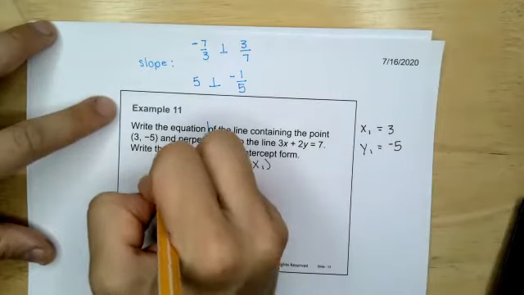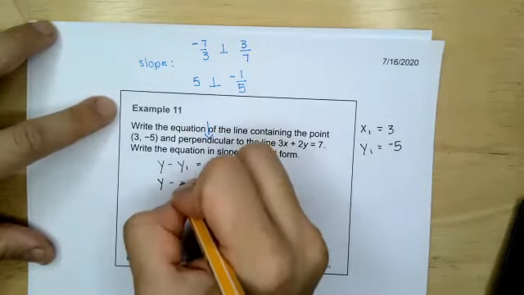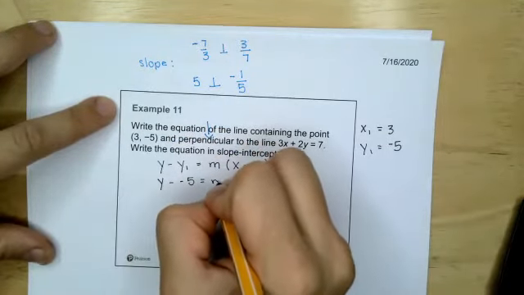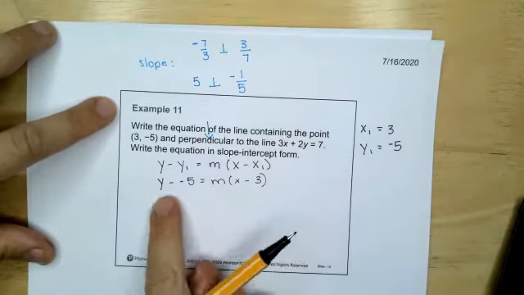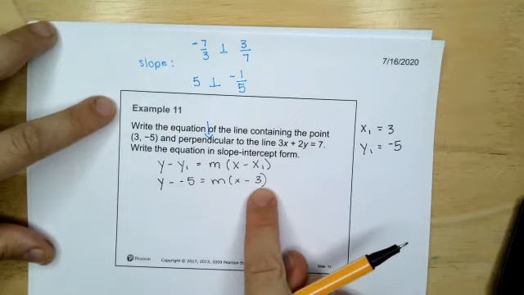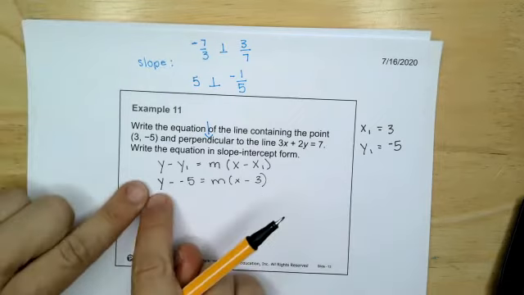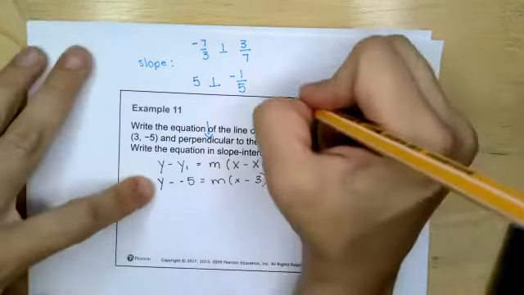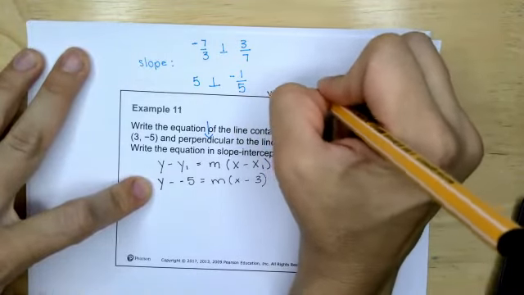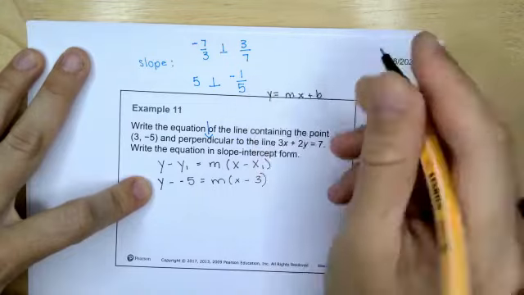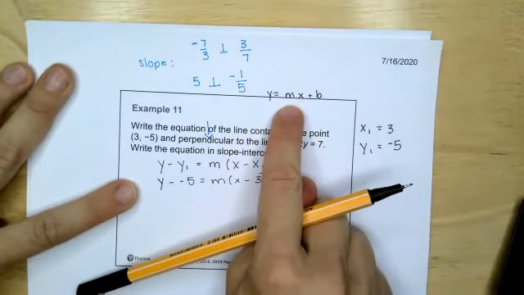So now I can say y minus -5 equals m times x minus 3. I can't do anything with this because I still have too many variables. I should only have a y and an x, because what I want at the end is y equals mx plus b when these are both numbers. I can't put m into Desmos.